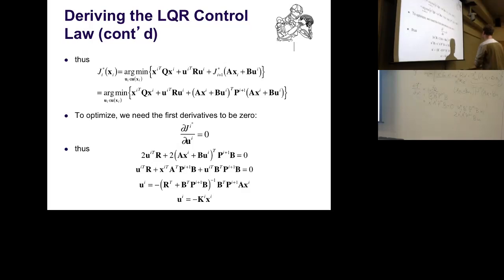If you write this nicely, it's ui transpose multiplying R plus B transpose Pi plus 1 B. This is this term. And we have this other term left. So we can write this with a negative sign, equals minus this term here, xi transpose A transpose Pi plus 1.